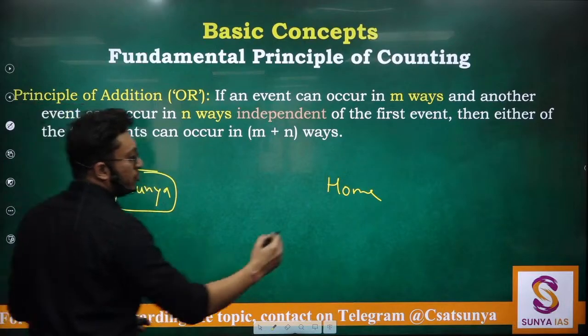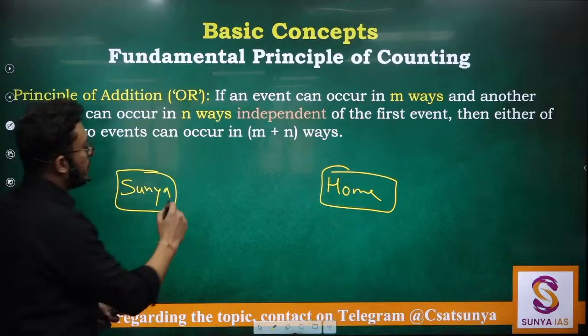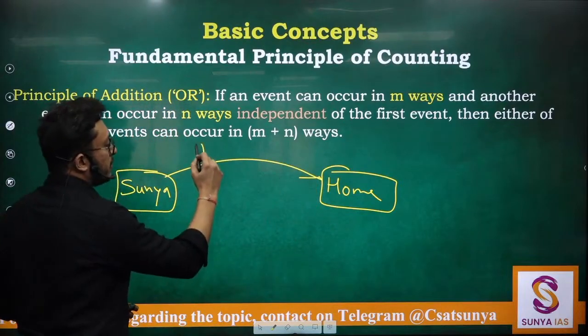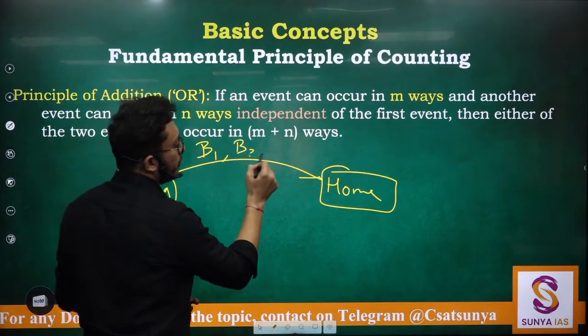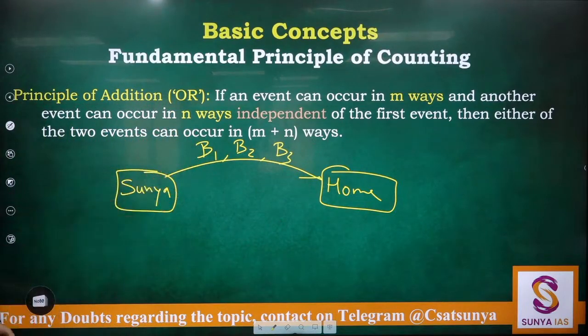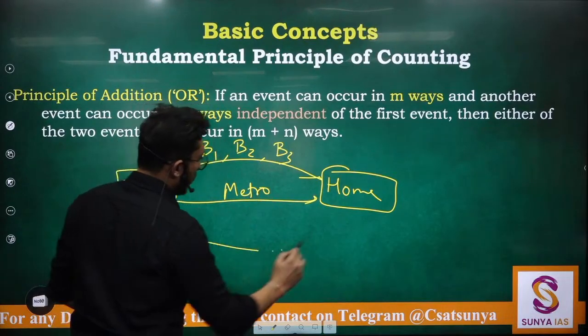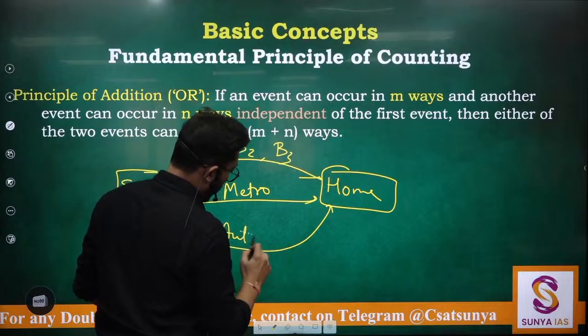Right now you are here in Sunya. After the class ends, you will go to your room. Now from here you have options of going, let's say you have 3 differently numbered buses, so you can take either of them, or you can take a metro, or you can directly take an auto.